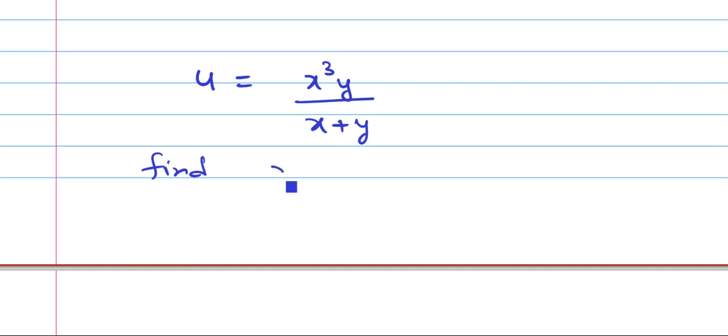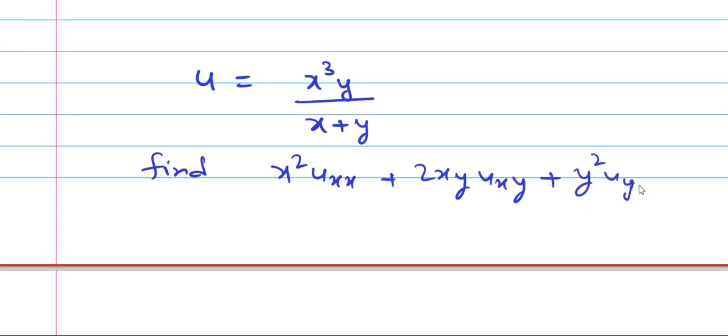Now one more. Suppose u equals x cube y upon x plus y. Find x square uxx plus 2xy uxy plus y square uyy.